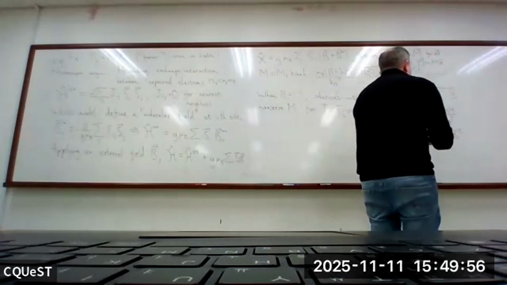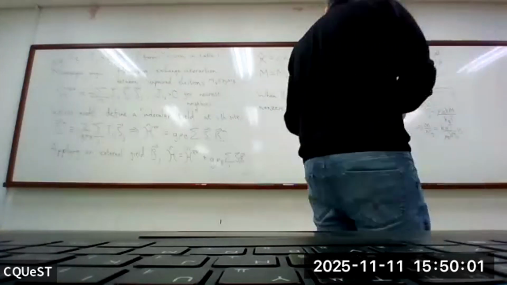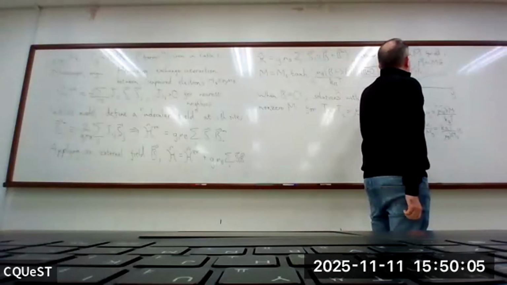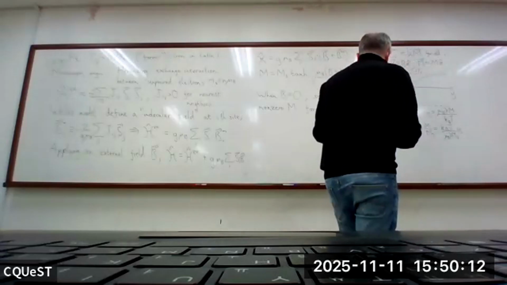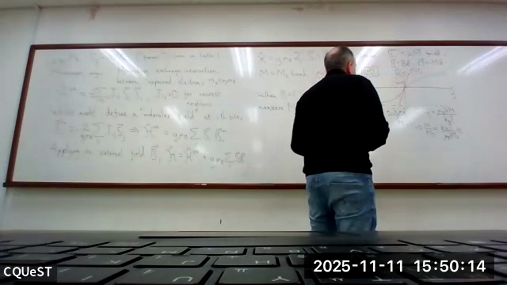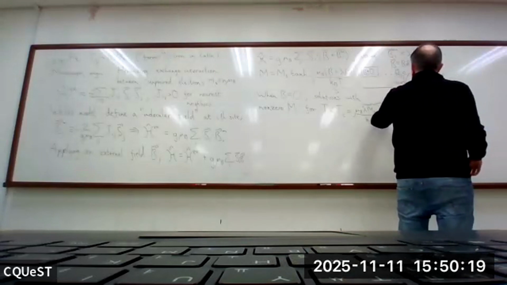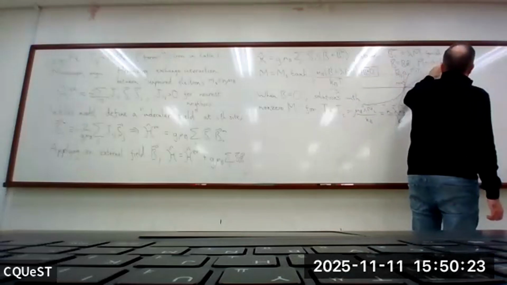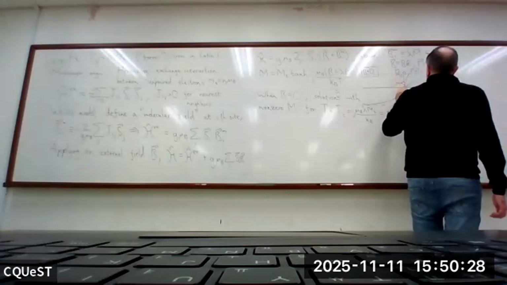So for T equals Tc, for T bigger than Tc, these intersect only at m equals 0. But for T less than Tc, there are three intersection points.